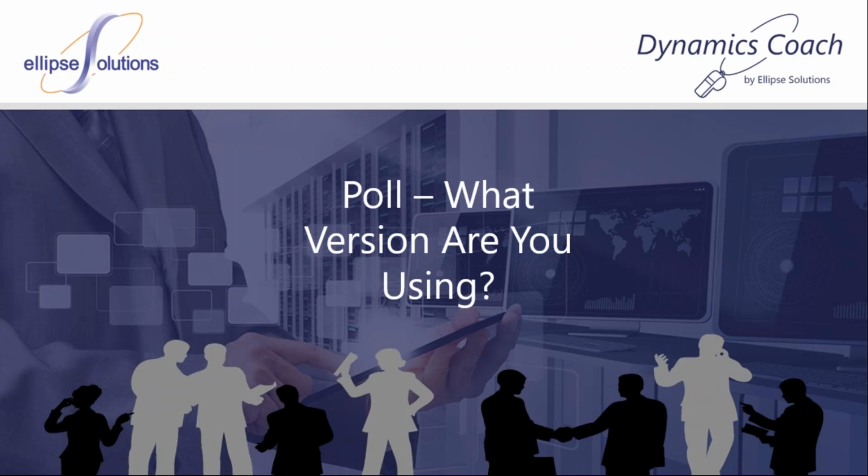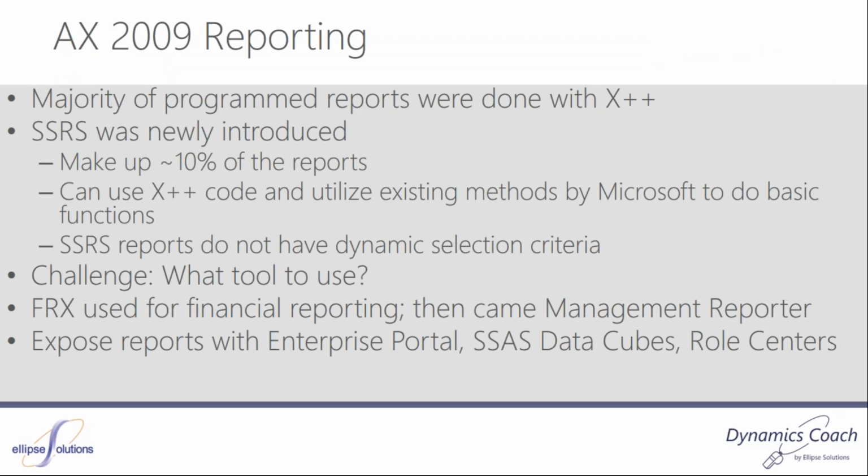So starting off with 2009. In 2009, the majority of programmed reports were done using X++. SSRS was newly introduced and makes up only about 10% of the out-of-the-box reports.